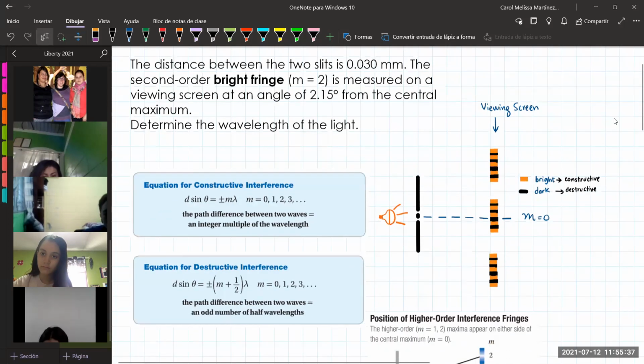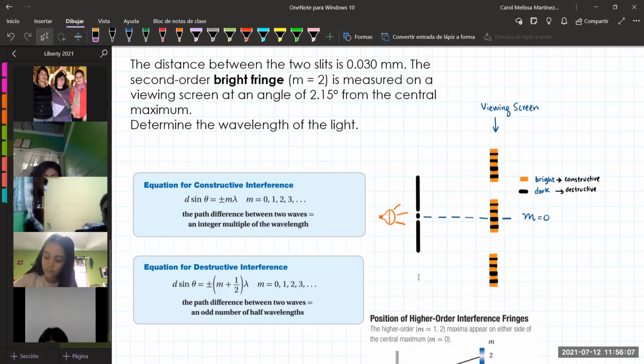So, this exercise is not telling me what kind of interference I have. It's not telling me whether it is constructive or destructive, so you have to determine that. Remember, bright fringes are constructive, and dark fringes represent destructive interference.